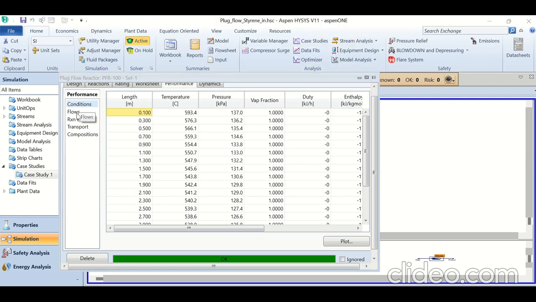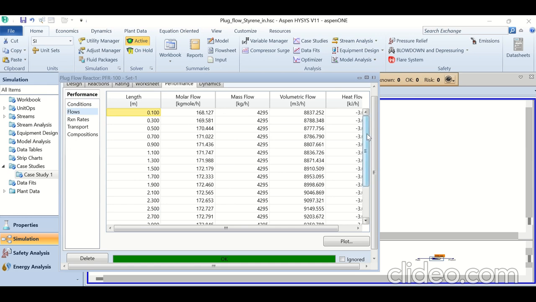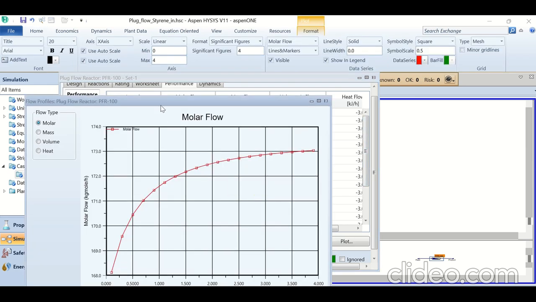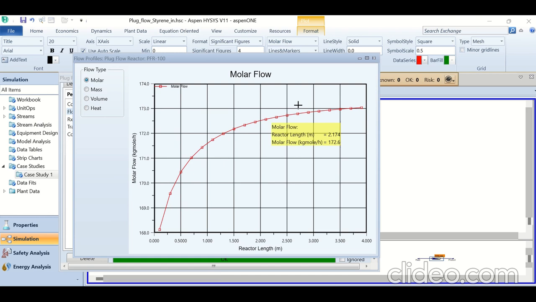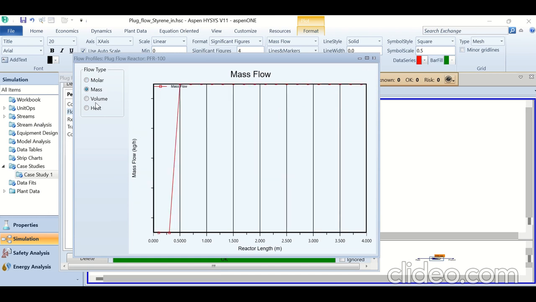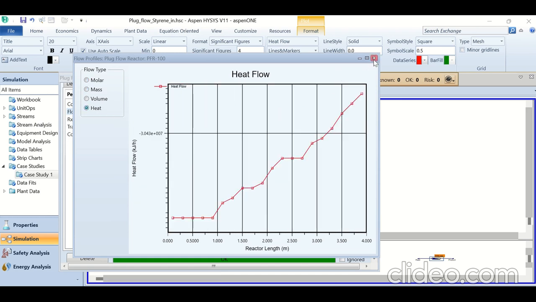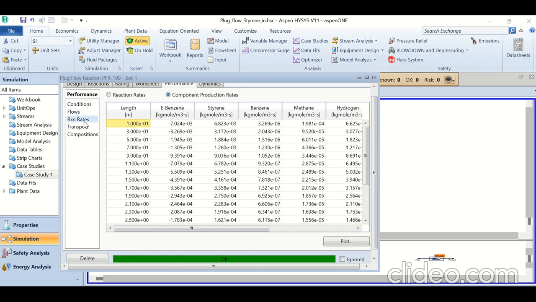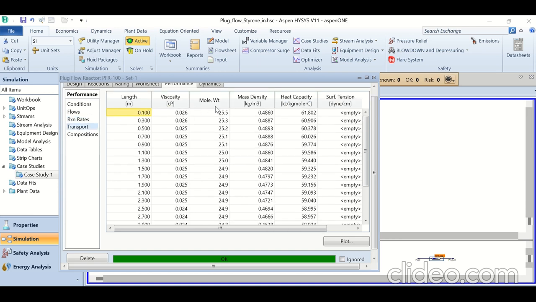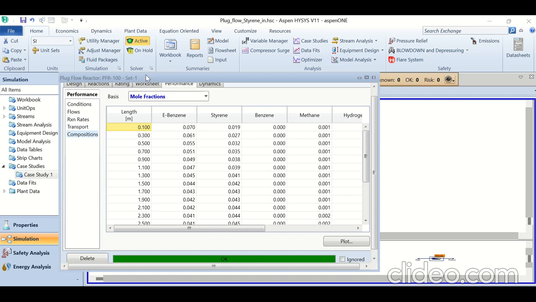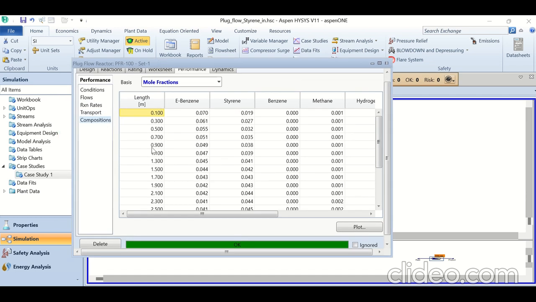You can also check the molar flows and the plot. So it is giving us the molar flow along the reactor. Similarly, you can check the mass flow, the volume, and the heat. Similarly, you can check the rate of reaction along the length of the reactor, the transport properties like viscosity, density, heat capacity. You can also see the composition along the length of the reactor, so ethyl-benzene, styrene, benzene, and so on.